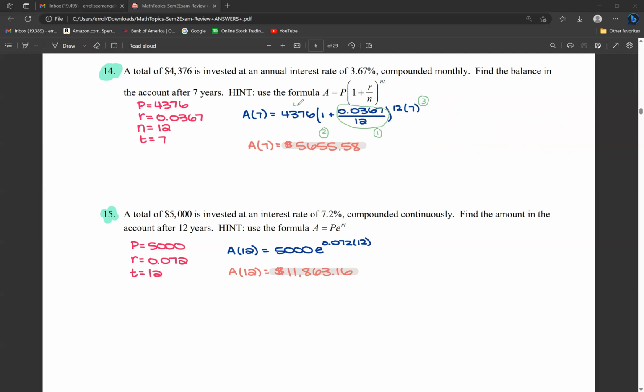And then multiply by the 4376 fourth. Do it in that order. So same idea on any question like 15, do it in that same order. Divide this part first, that's number 1. Add the 1 second. Raise that parentheses to whatever this works out to be third. Then that whole thing you're going to multiply by the principal.